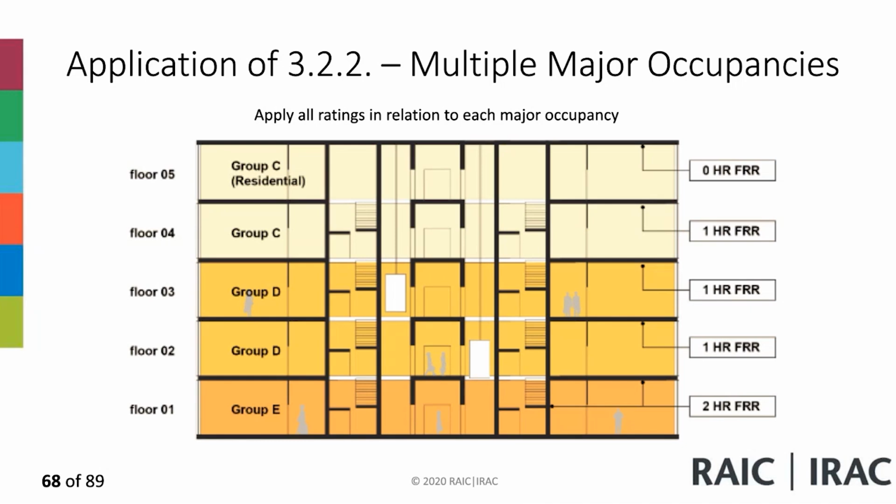Article 3.2.2.7 is the one that gives us that. Looking at Sentence 2: if one major occupancy is located above another major occupancy, the fire resistance rating of the floor assembly between the major occupancies shall be determined on the basis of the requirement of the subsection for the lower major occupancy.